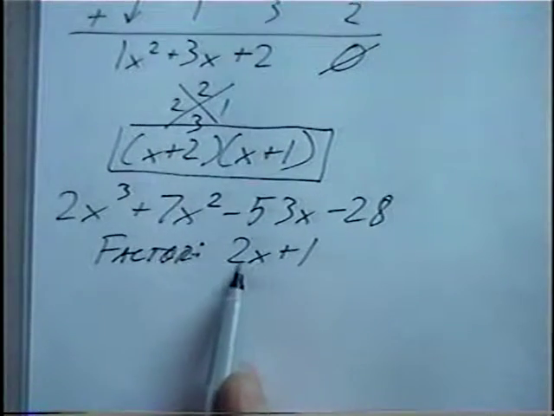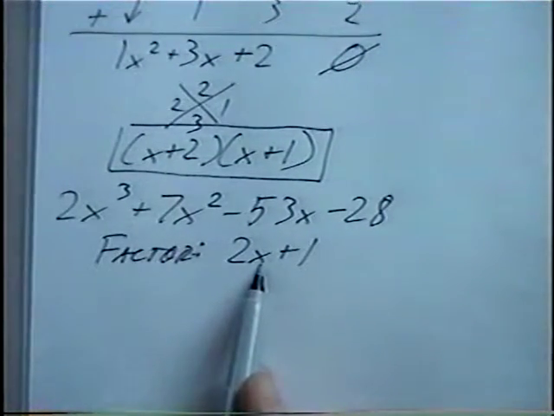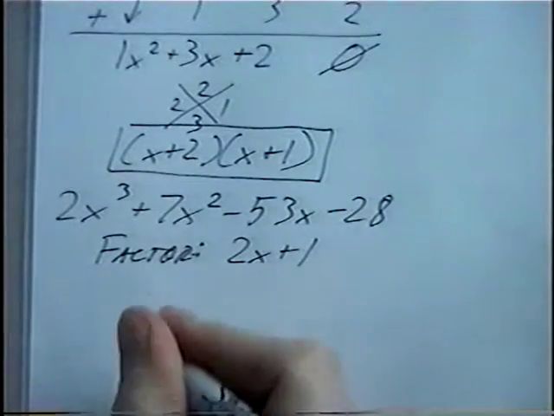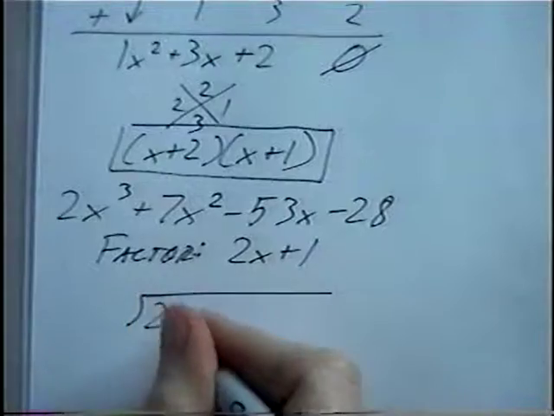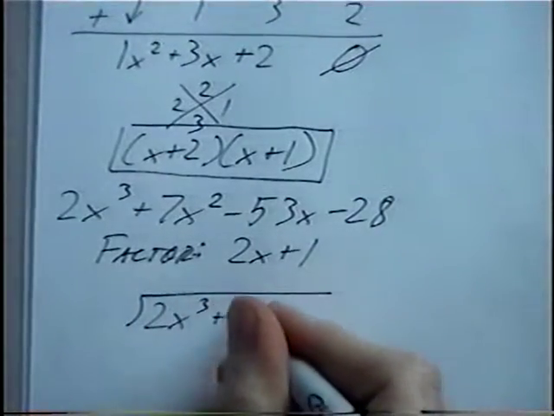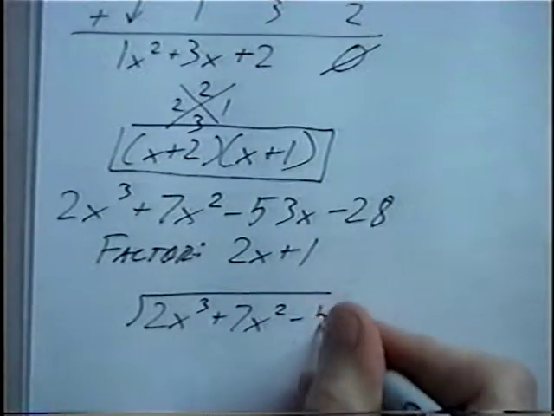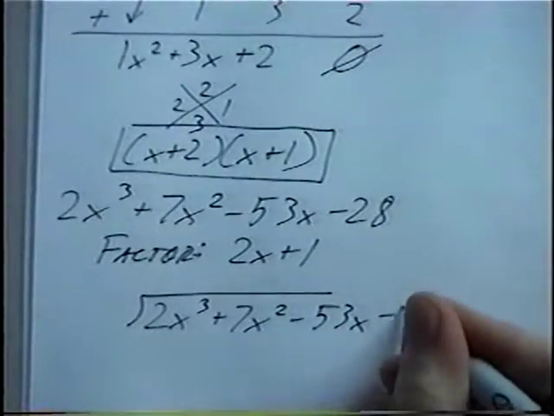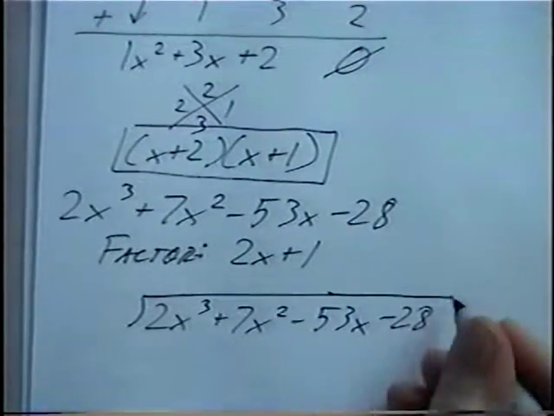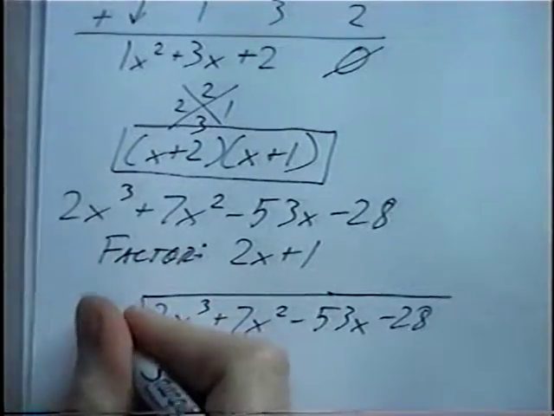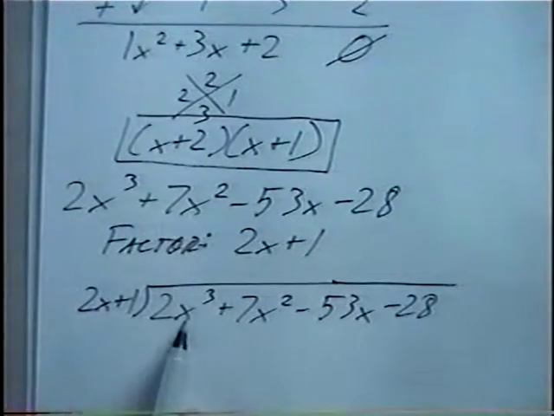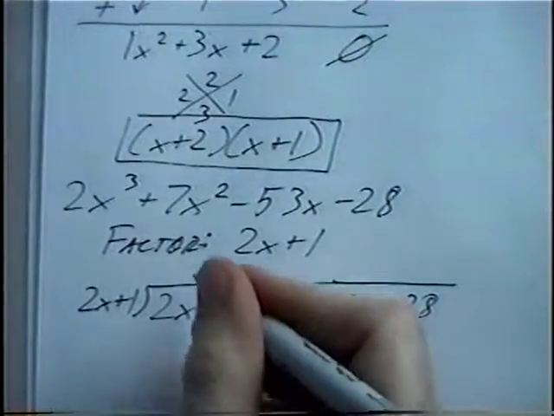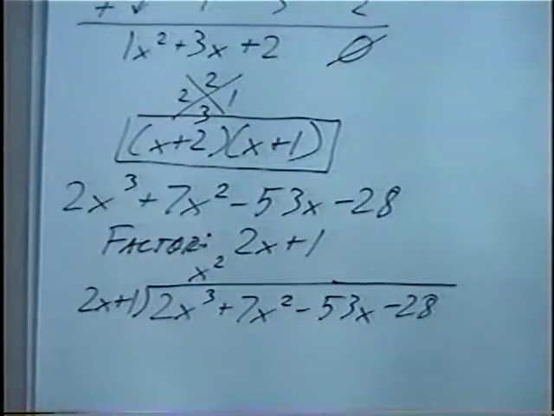Since we have a coefficient in front of x, we cannot use synthetic division, so we must divide this with long division. 2x cubed plus 7x squared minus 53x minus 28, and 2x plus 1 is what we're dividing by. 2x into 2x cubed, we need to multiply by x squared.